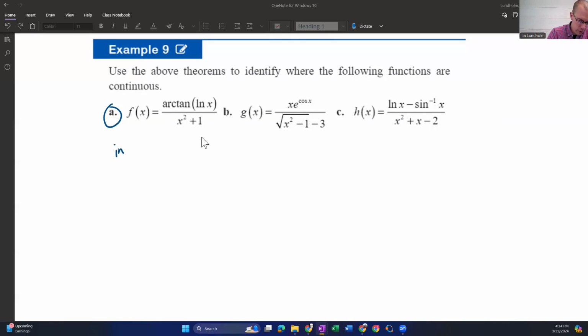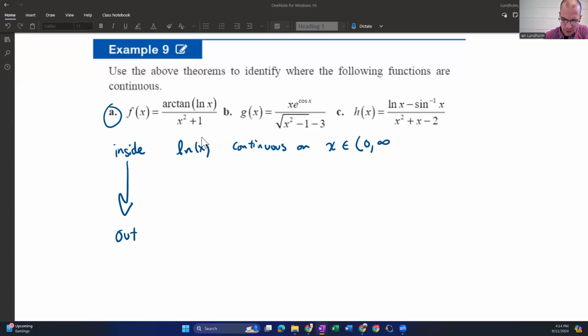I'm just going to write inside towards out this way. If we look at the natural log of x on the inside, this is continuous on the interval from 0 up to infinity.